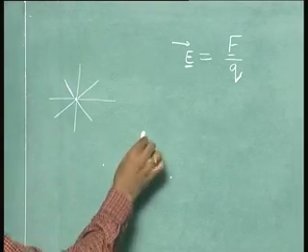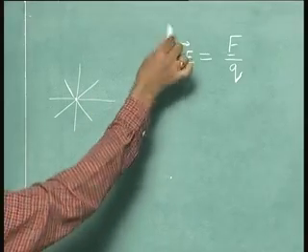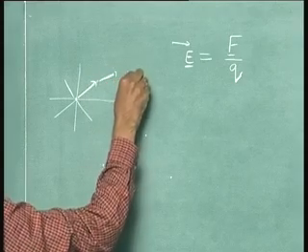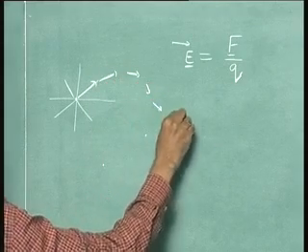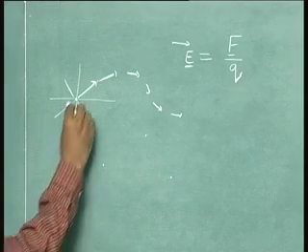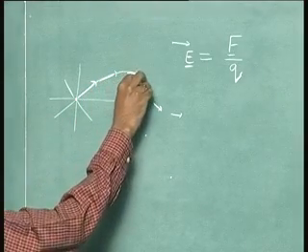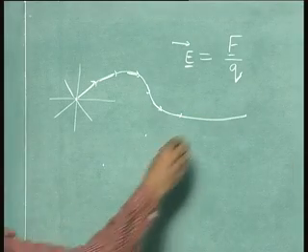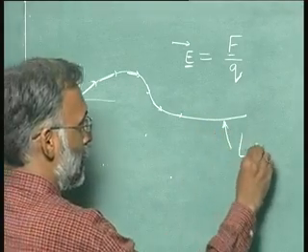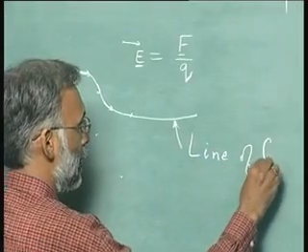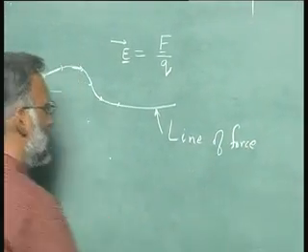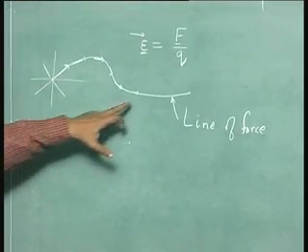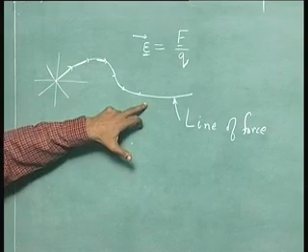These electric lines, because the electric field has a general shape, the electric field changes direction. The line that joins all these electric fields is called a line of force. I haven't proven it, but you can show that lines of force are a very good concept, that in fact it is not just for drawing.